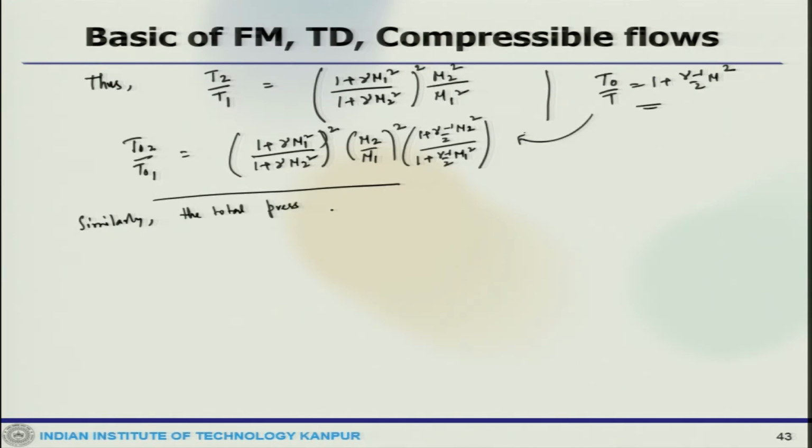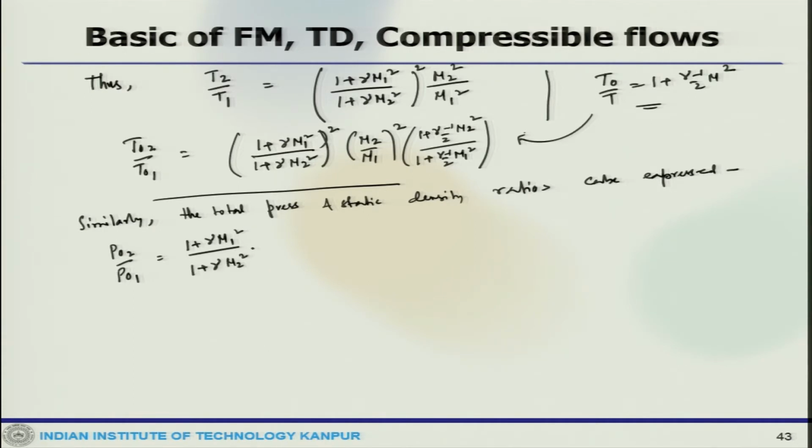P02 by P01 would be 1 plus gamma m1 square by 1 plus gamma m2 square, times 1 plus gamma minus 1 by 2 m2 square over 1 plus gamma minus 1 by 2 m1 square, raised to gamma by gamma minus 1.